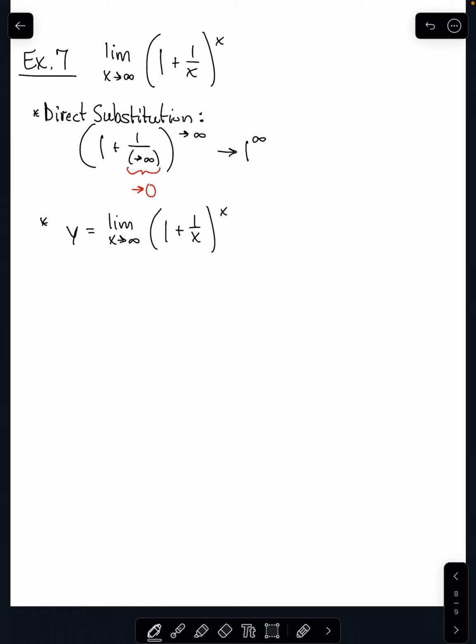And what we can do is take the natural logarithm of each side. That is one approach that is often used. It's not my preferred approach, but it certainly is one that is often used.